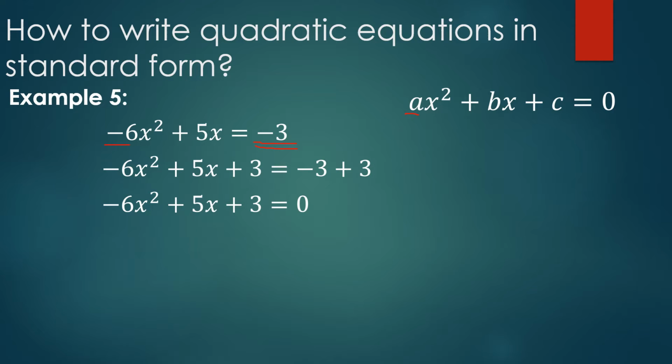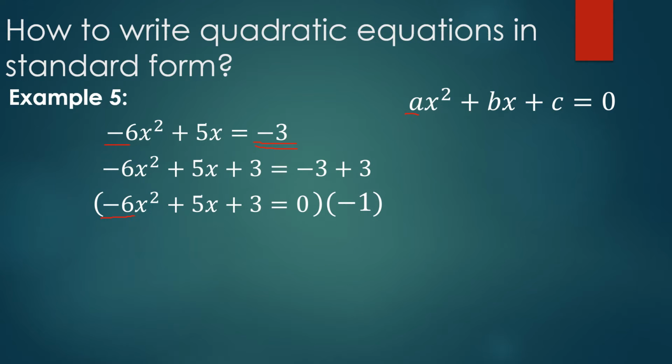Now we have made the right side of the equation 0. Our next step is to make the value of our a a positive number. How are we going to do that? Again, if the value of our a is a negative number, we have to multiply by negative 1 to make it positive. That's why we are going to multiply the whole equation by negative 1.